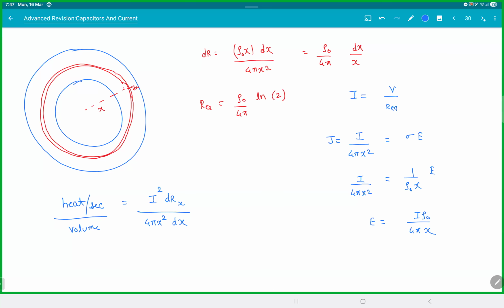And luckily here, all are in series, so current flow is constant. So I square is anyway constant. dRx is rho naught dx by 4 pi x. The volume is 4 pi x square dx. That is the reason I gave per unit volume, so that the dx term will cancel off. You end up with I square rho naught by 16 pi square x cube, so it's proportional to 1 by x cube. Clear with this?